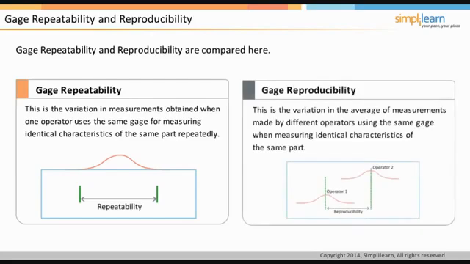Gauge reproducibility is the variation in the average of measurements when different operators use the same gauge to measure identical characteristics of the same part. The figures on the screen illustrate gauge repeatability and reproducibility. In the next screen, we will discuss the components of GRR study.